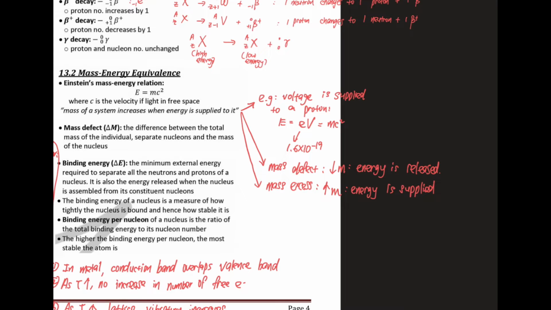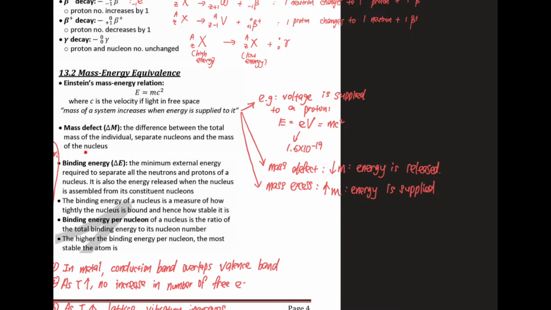Okay, let's see the next point. Mass defect, change in mass, that means the difference between the total mass of the individual separate nucleons and the mass of the nucleus.